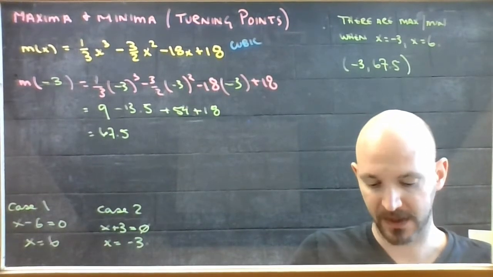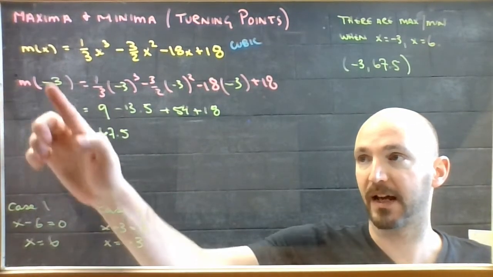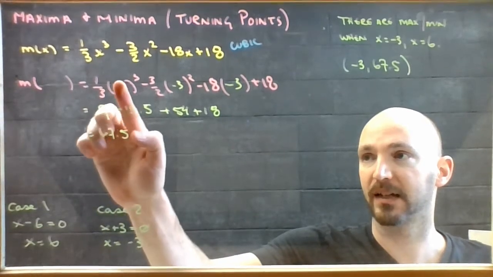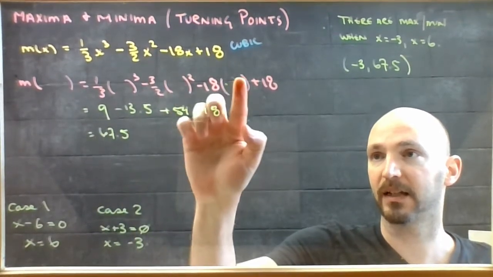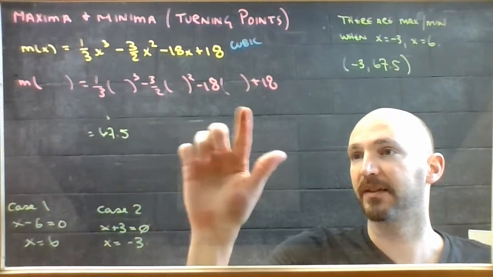I'm going to do the same thing, but I'm going to use my x value of 6 instead. So get rid of all of that, and in goes my 6.